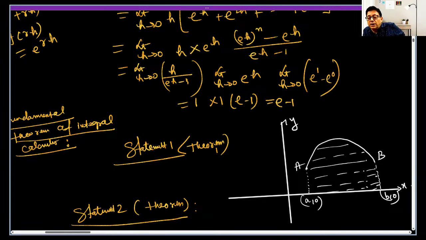Okay. Now, if we take an arbitrary point P on the curve, then this point's coordinate will be (x, 0). Why have I written this?